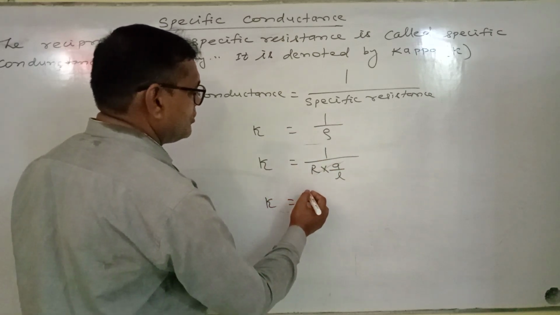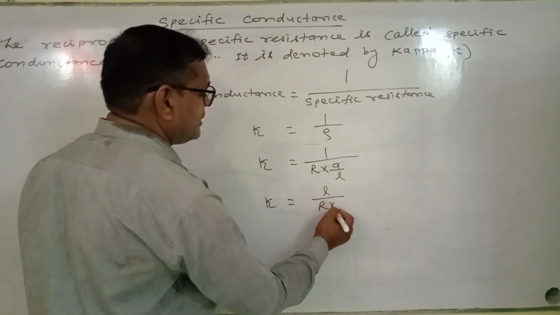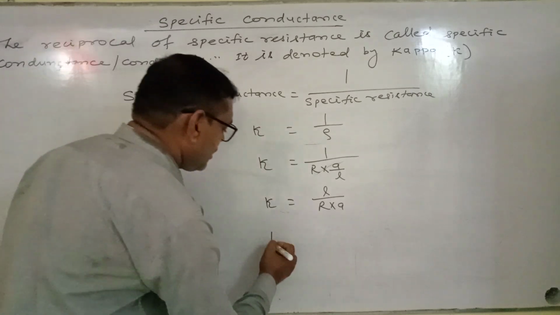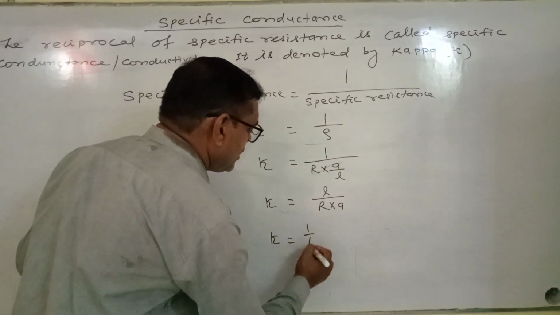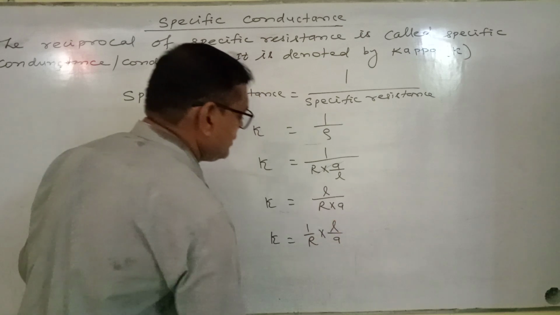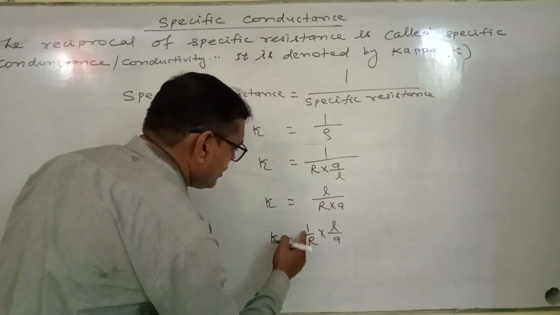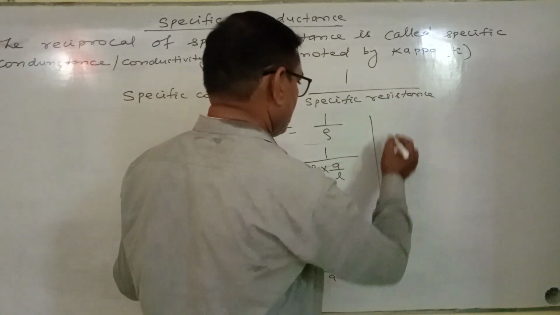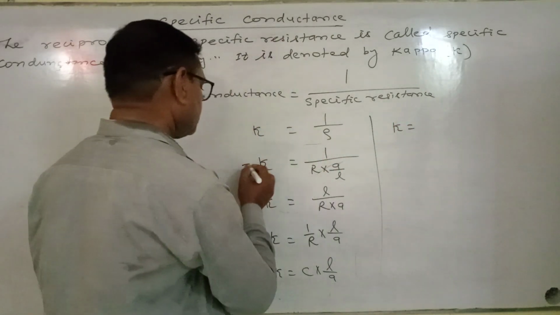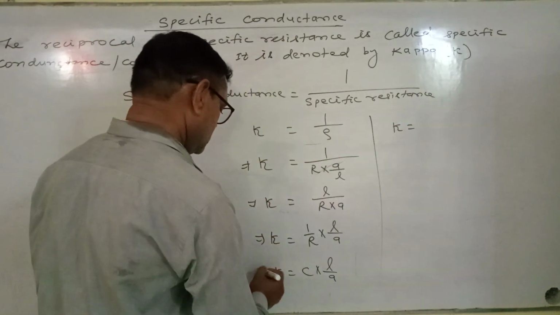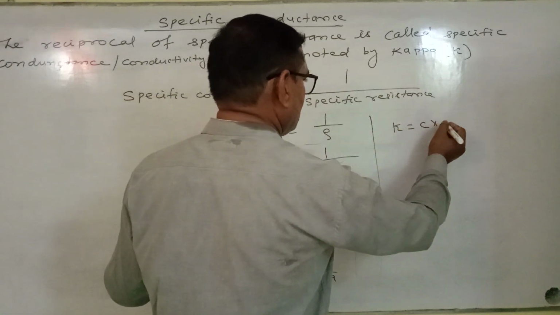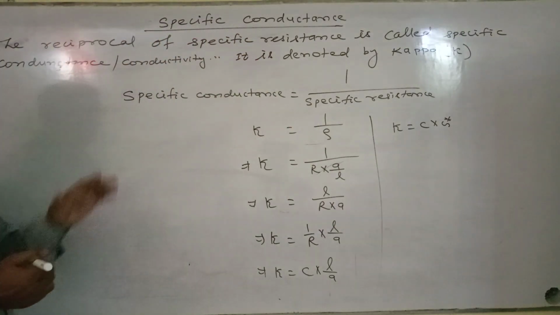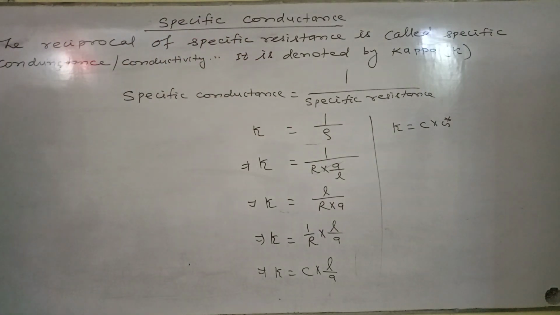Kappa is equal to L upon R into A. Kappa is equal to 1 by R into L by A. Kappa is equal to 1 by R is equal to C. Kappa is equal to C into G star. G star is called the cell constant. These are the formulas of specific conductance.